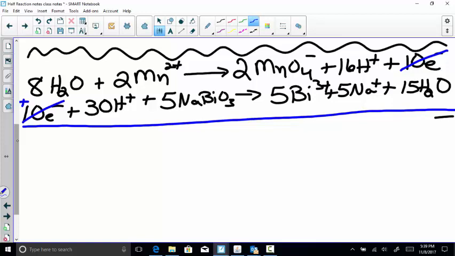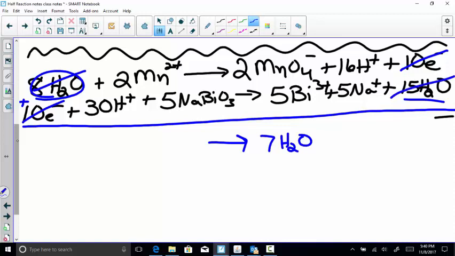Then you want to bring everything down, but you also want to combine like terms. So I have 8 H2Os here, and I have 15 H2Os there. So I'm going to draw a yield sign in here, and these 8 would take away 8 of these, so that's going to leave me with 7 H2Os.